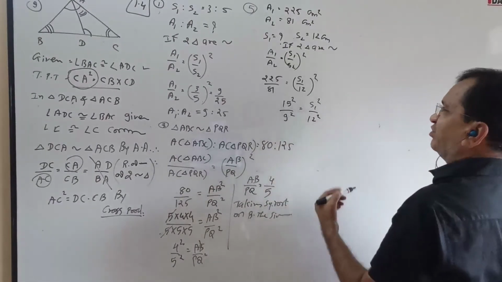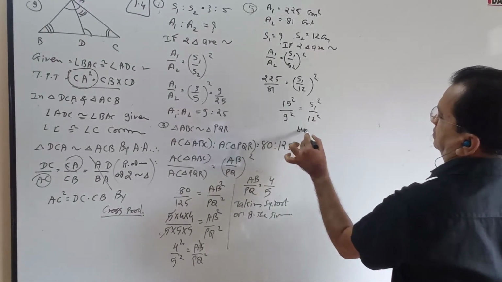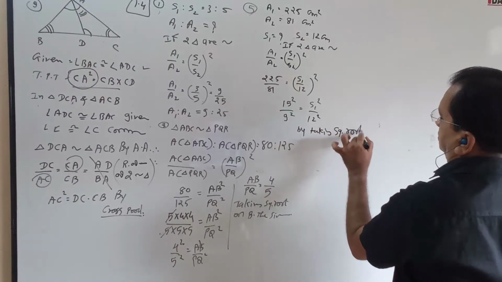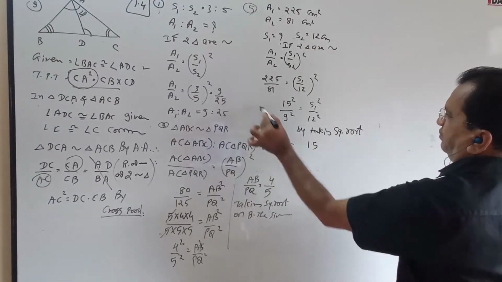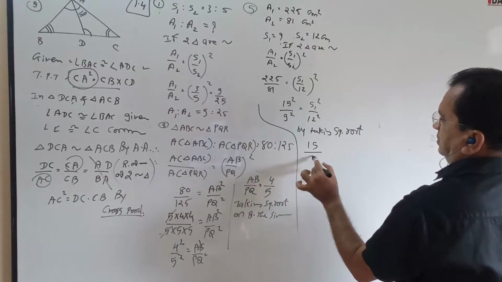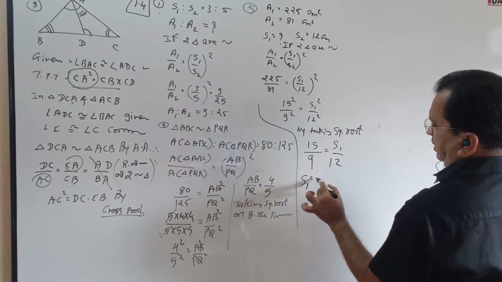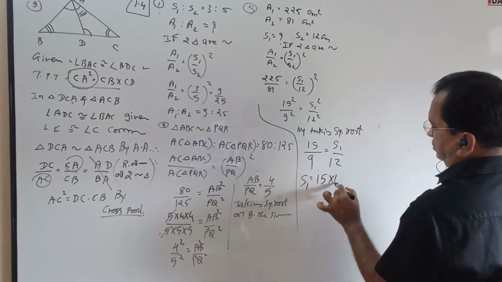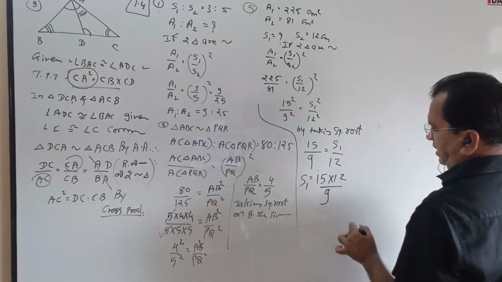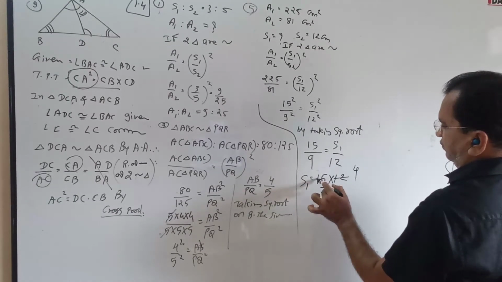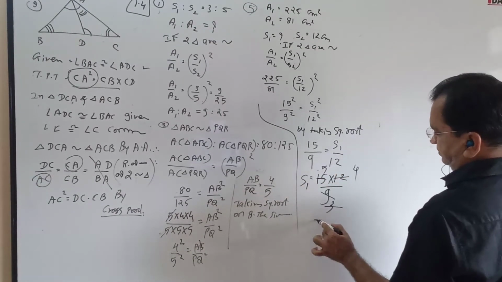By taking square root, it is 15 by 9 is equal to S1 by 12. S1 is equal to 15 into 12 divided by 9. 3 3s are 9, 3 4s are 12, 3 1s are 3, 5s are 15.